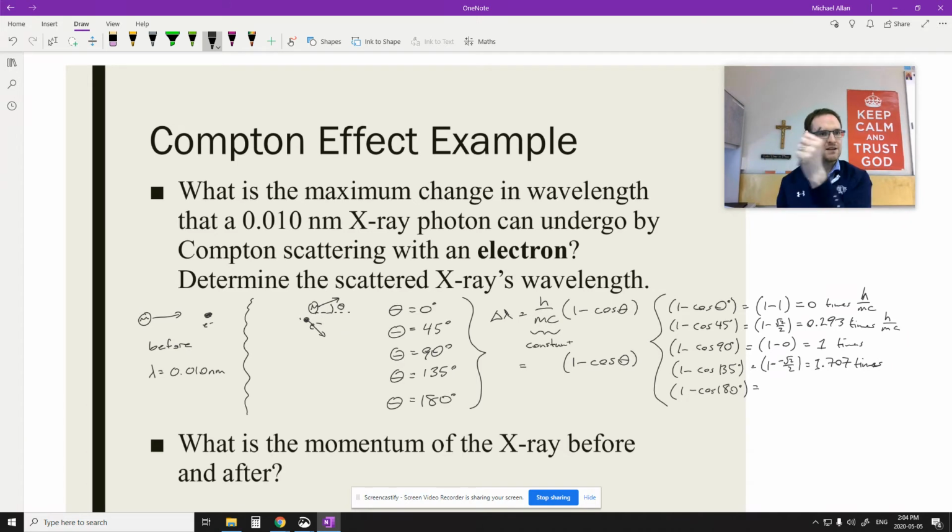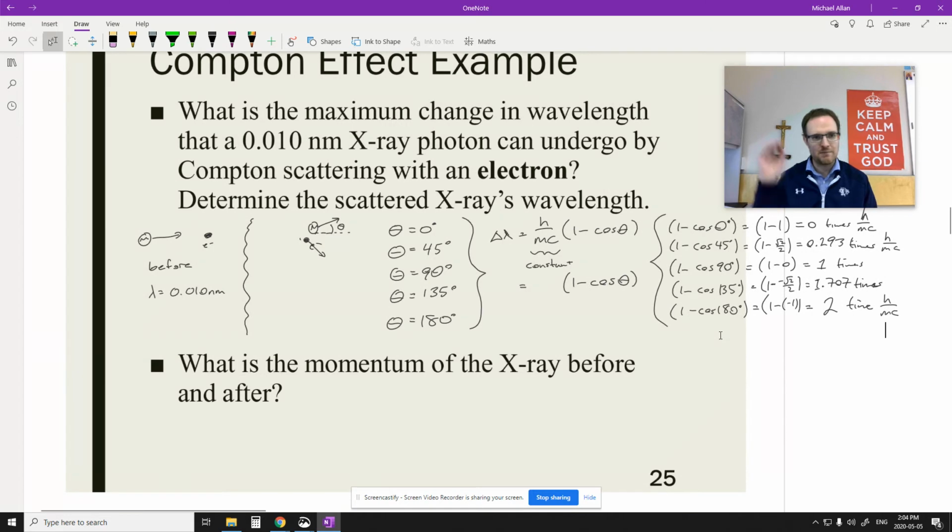So if I have a little bit of negative, the other guy has to be a big positive to balance that out, to make sure I end up with positive. And you'll see that when I do this, 1 minus negative 1 ends up being 2 times h over mc. So the maximum change is when it's a 180 degree scatter, when it bounces straight back.